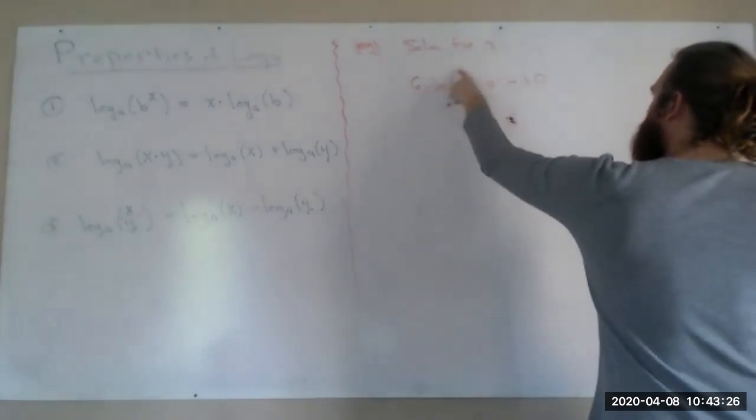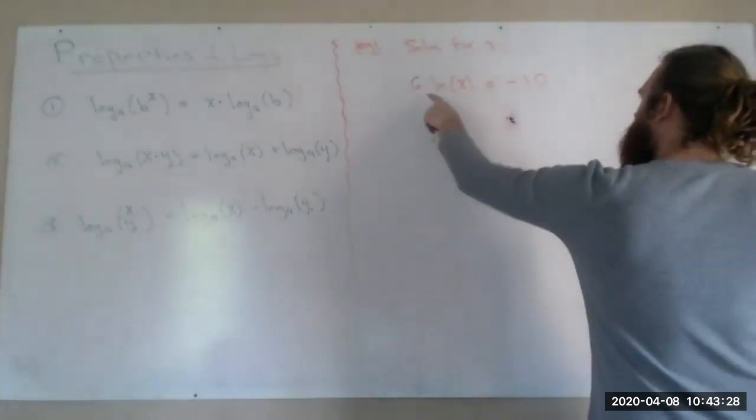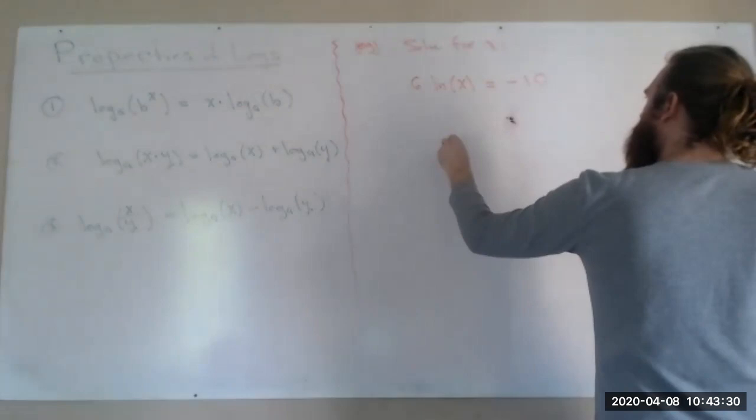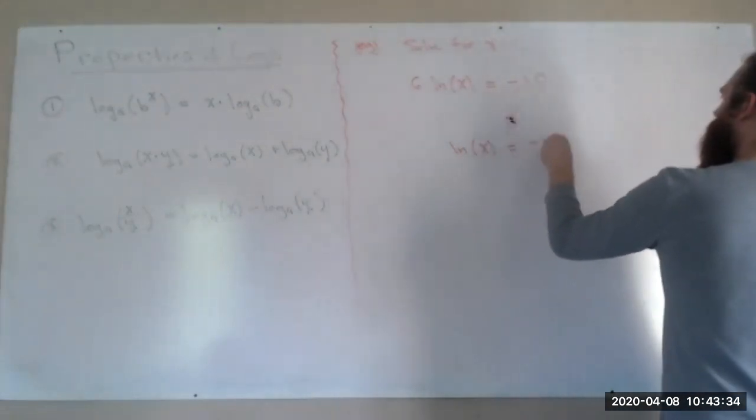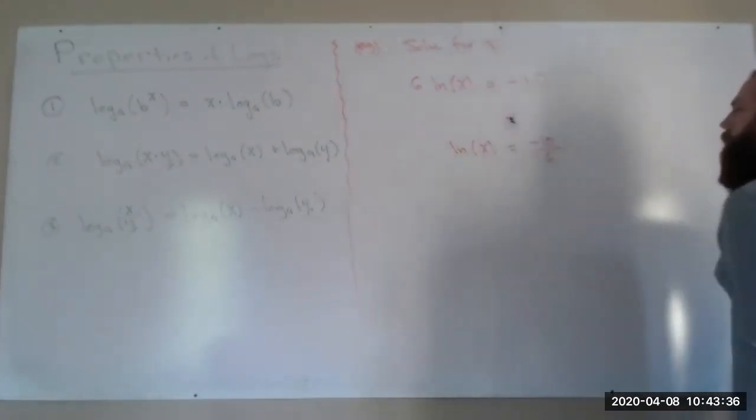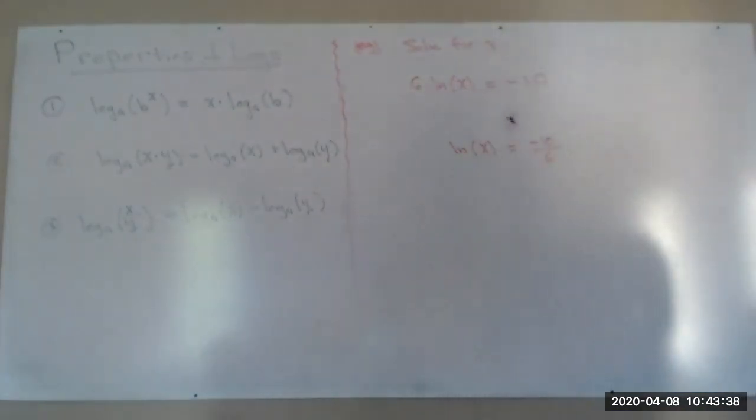First, I want to isolate the logarithm. That means I'm going to divide both sides by 6. This is fine. But then I need to undo the log.